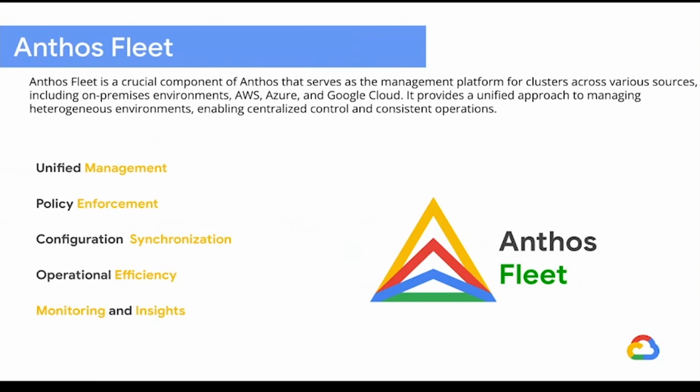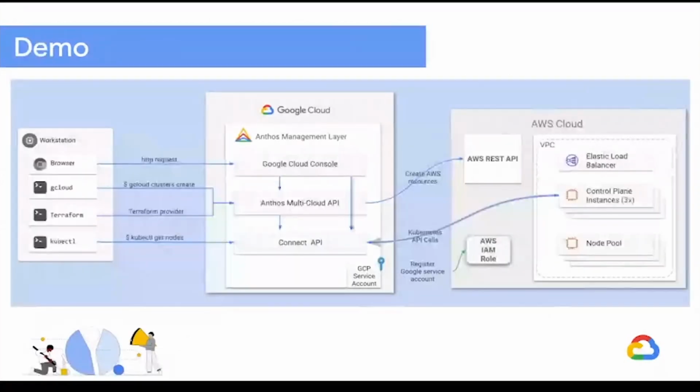In this particular demo, we are going to deploy our Anthos cluster in the AWS environment, where the Anthos cluster will utilize the infrastructure from AWS itself. It will utilize some EC2 instances and some load balancers so that it can configure the networking and all.